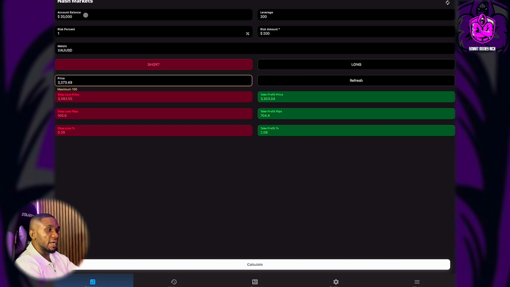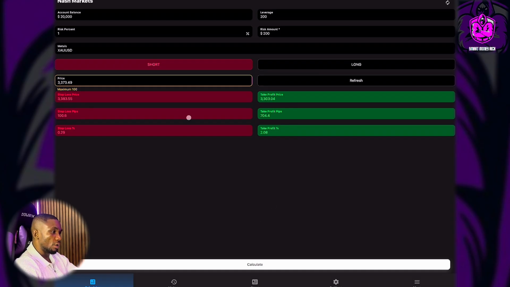Leave it at that $20,000. Even if on your Meta 5 you already lost some money and you're down like $19,000, don't change the price here on this Nash Markets to 19,000. Leave it at $20,000 and continue to risk 1%, because definitely you're going to win to cover up your losses, right? So this is what we do.